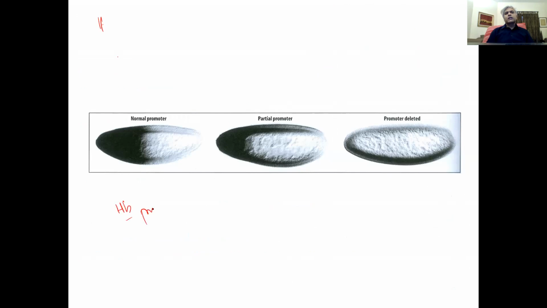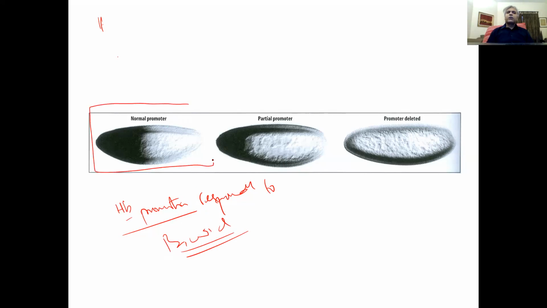hunchback promoter responds to Bicoid or any transcription factor. There is an experiment which shows that. So this is the normal hunchback promoter.